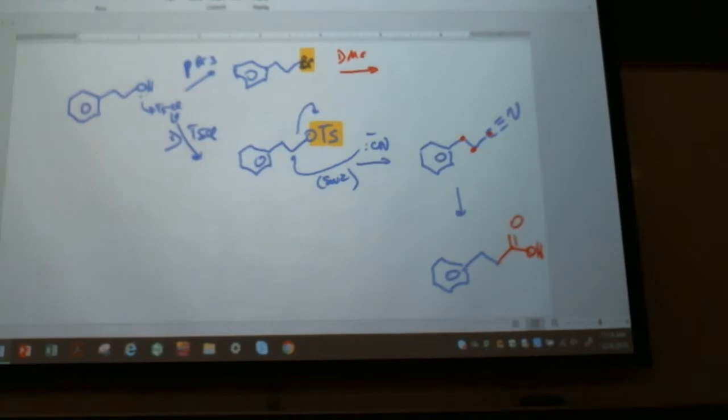Make the Grignard, add CO2, hydrolyze, and that will get you that same product. Right? Because you're adding one carbon from the carbon dioxide. But the strategy is the same. We know that both nitriles and halides can be converted. Our strategy is to add one extra carbon. The nitrile is the extra carbon, or the CO2 is the extra carbon once you form the Grignard.